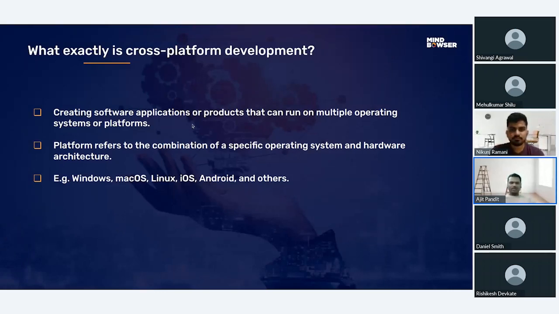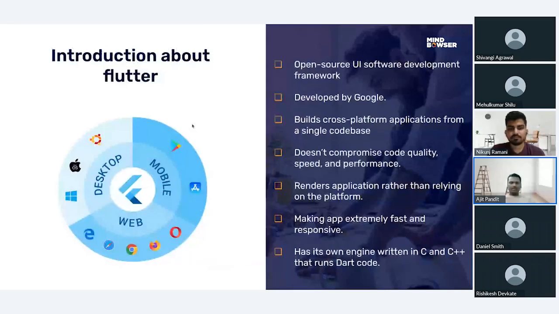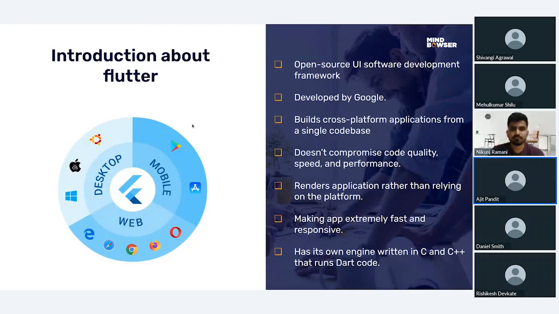Now we will move to our next slide, which is the introduction to Flutter. Flutter is an open source UI software development framework developed by Google. Flutter was first introduced in May 2017, and since then it has gained popularity among developers due to its fast development cycle, expressive UI, and native performance.